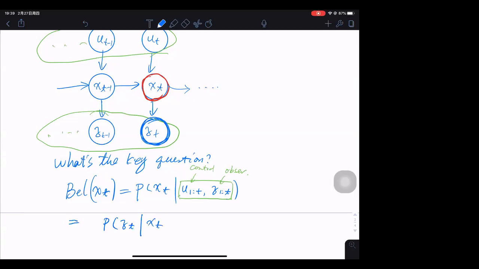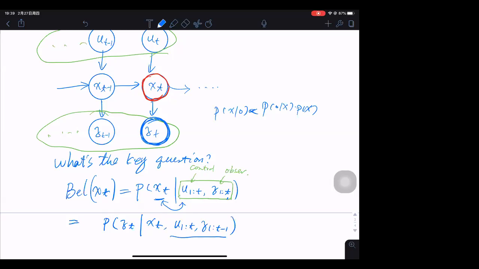Then we need to swap the two sides, right? It's like p of x given o is proportional to p of o given x times p of x. So zt, take it out, and then you have xt on the right. Then we copy all the rest: we have u1 to t and z1 to t minus 1.